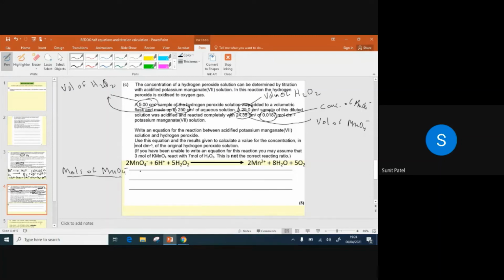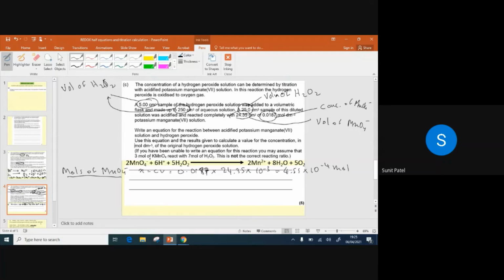The only thing I can do then is n equals CV, which is equal to 0.187 multiplied by the volume, which is 24.35 times 10 to the minus 3. If you do that calculation, you should get an answer of 4.55 times 10 to the power minus 4 moles of MnO4-.